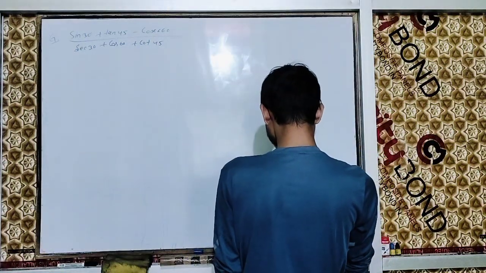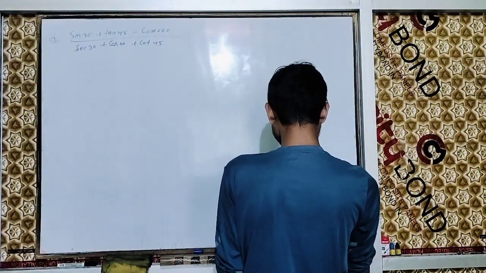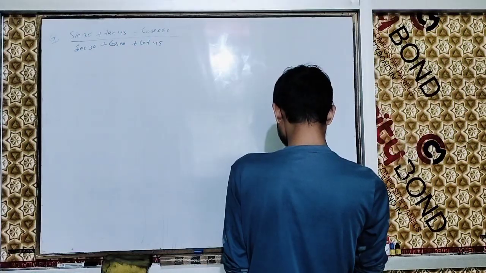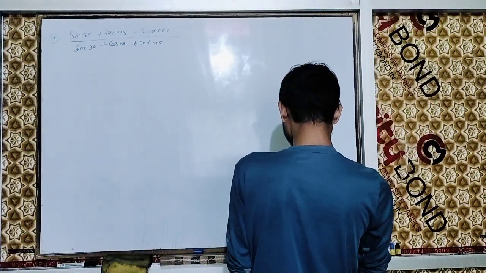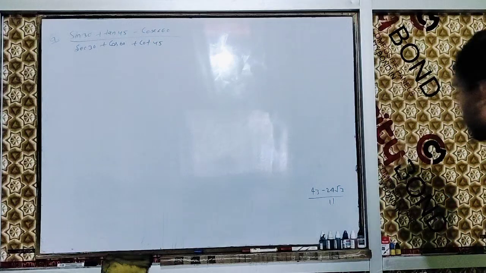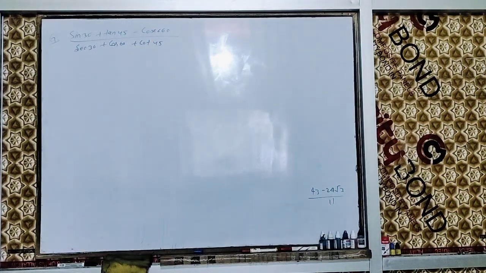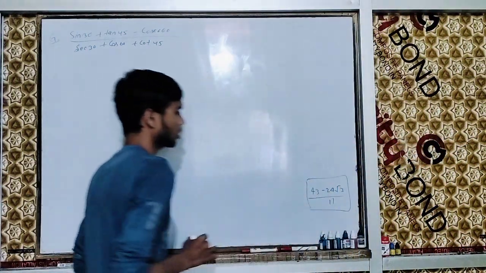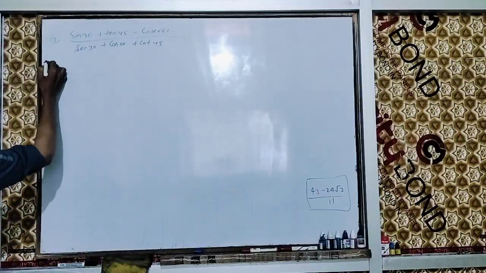The answer should be 43 minus 24 into root 3 upon 11. This is our answer of this question. The process will be long. Let's solve.